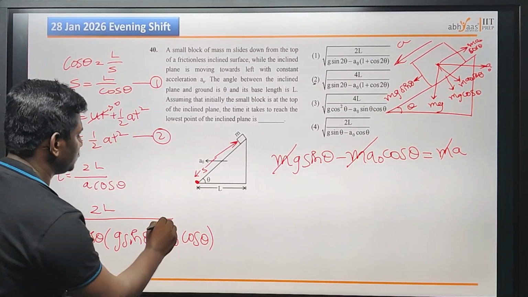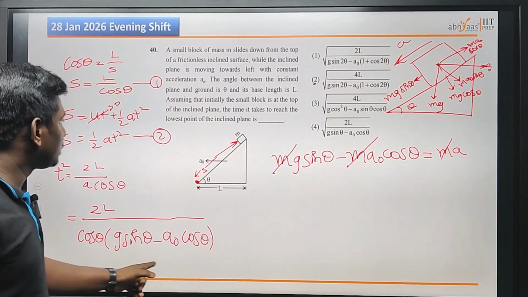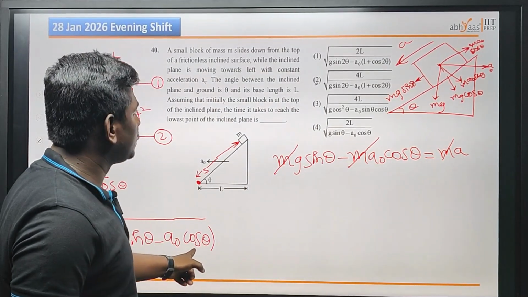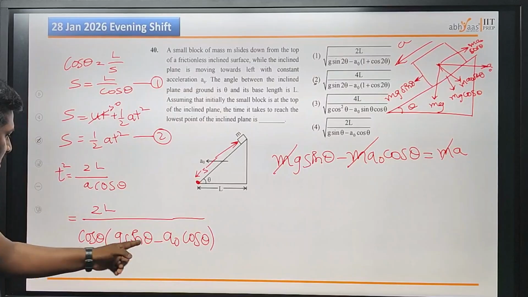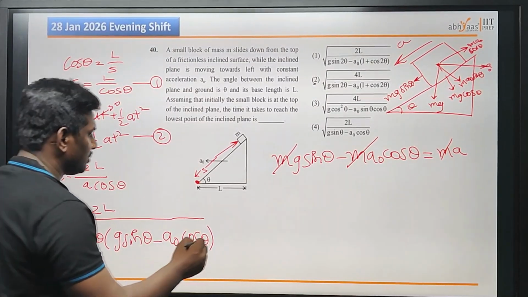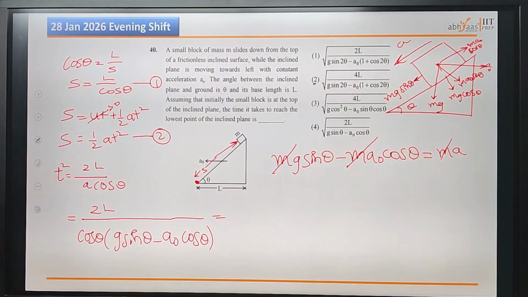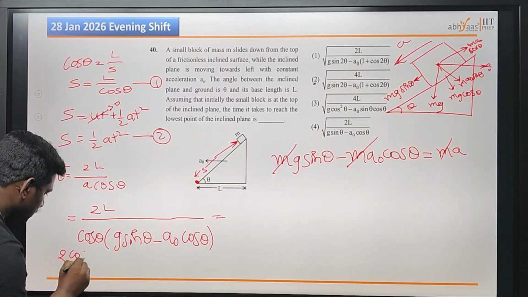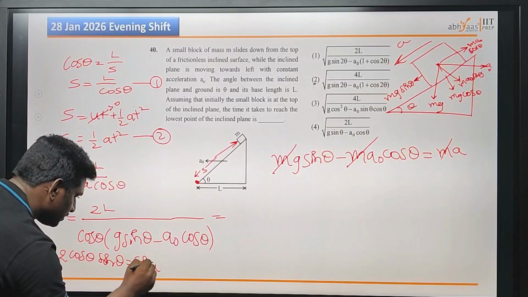But we are not having any thetas. Cos square, you will get cos square theta, but not g. Convert this one. I am writing here cos theta sin theta, 2 sin theta cos theta. 2 cos theta sin theta can be written as sin 2 theta.